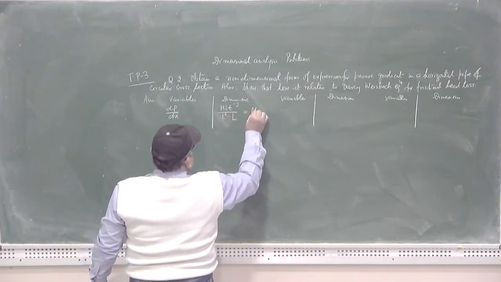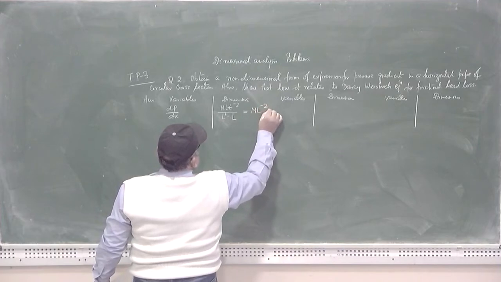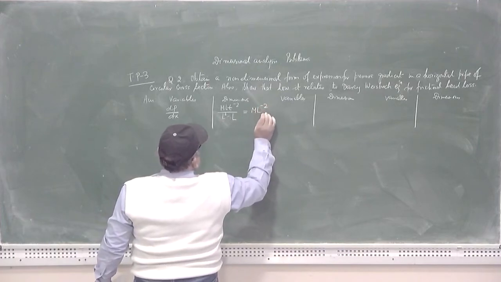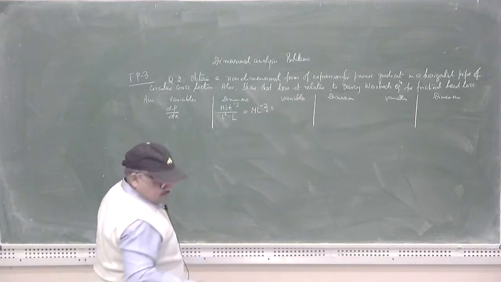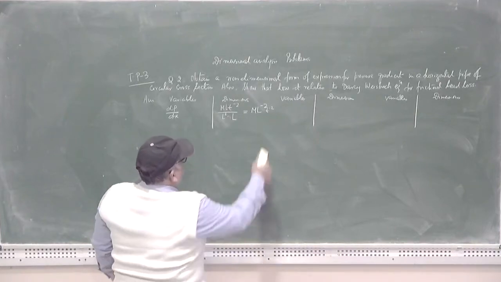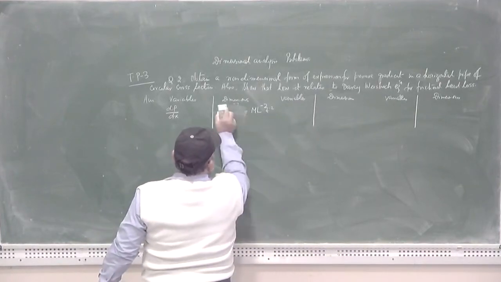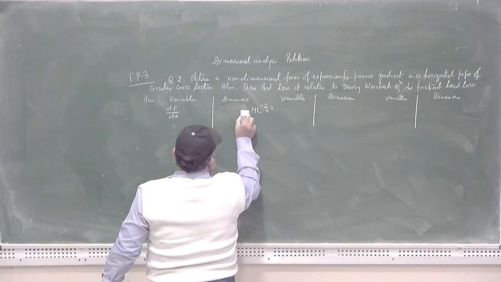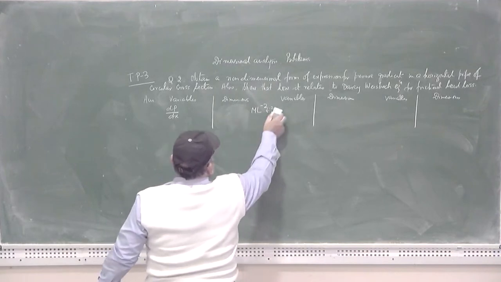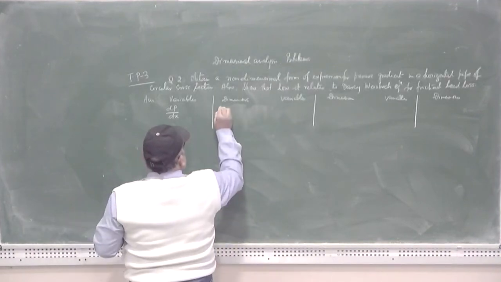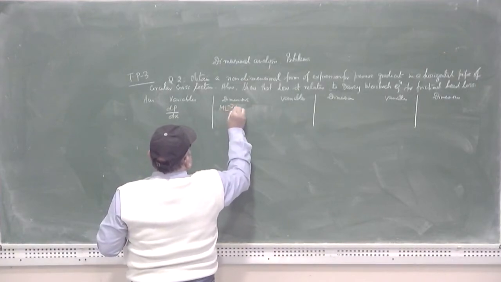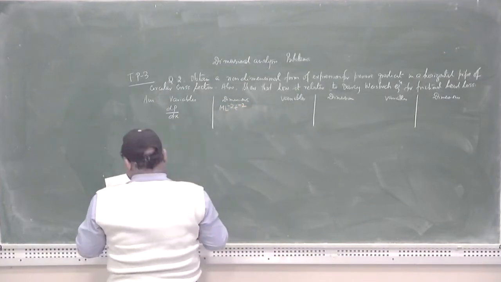So the dimension is M L to the power minus 2 T to the power minus 2.